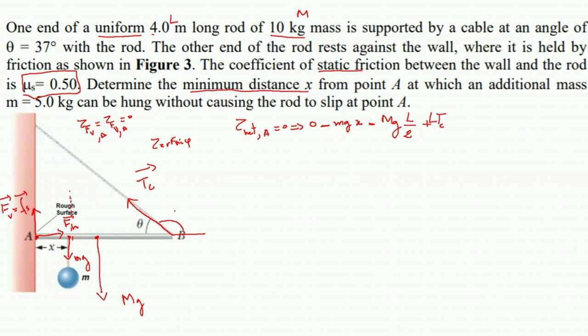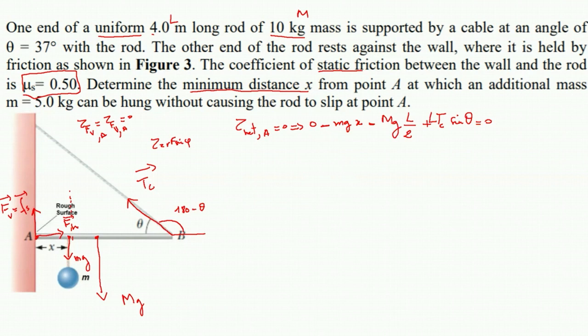The sine of this angle is sine of 180 minus theta, which is sine theta. So it will be L TC sine theta, and this sum is equal to 0. So I have my first equation.